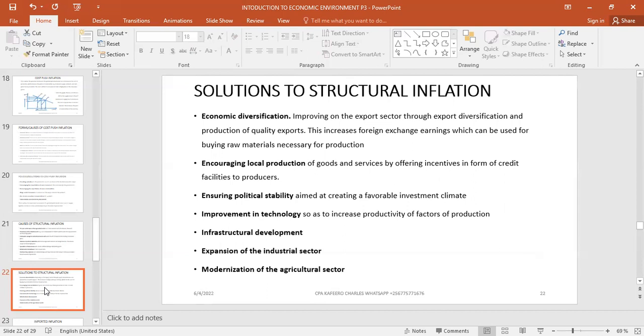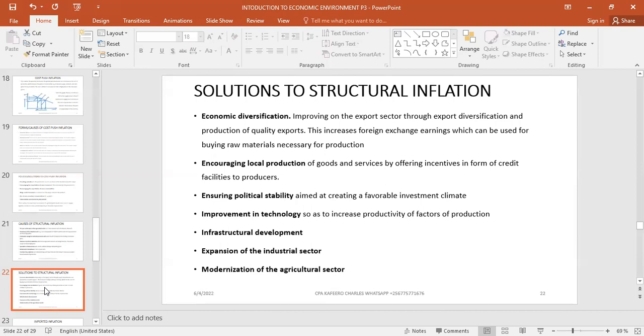So when there is economic diversification, we leave the habit of selling one item. If you have been selling agricultural raw materials, let's at least add some industrial processes so that we can process some of those raw materials and produce them at high quality, so that we can export them and earn more.